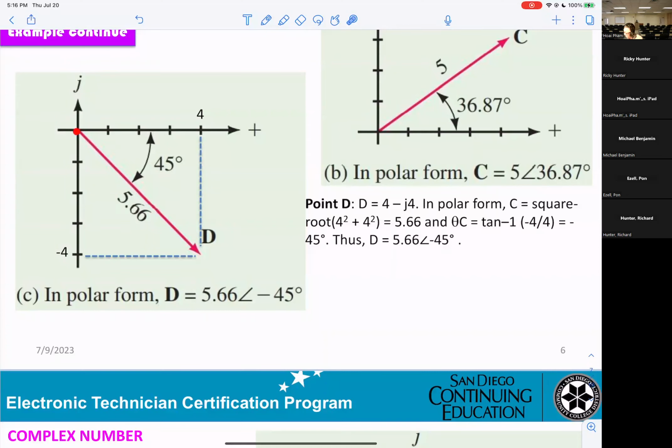You understand the 0 right here: going up is J, going down is minus J. And if you do the calculation, you can get 5.66 angle minus 45 degrees.